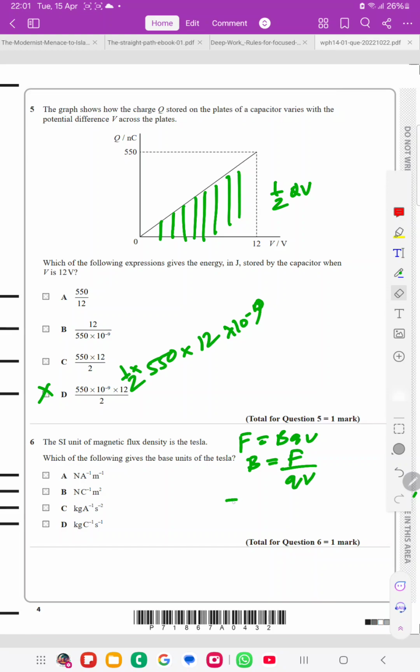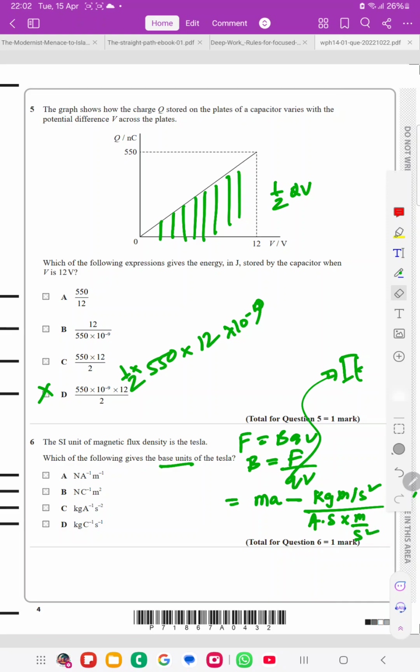since we need to get the base unit, force is basically ma, so the base unit here is kg meter per second squared, and charge Q is basically IT, where I is ampere and t is second. And v is what?